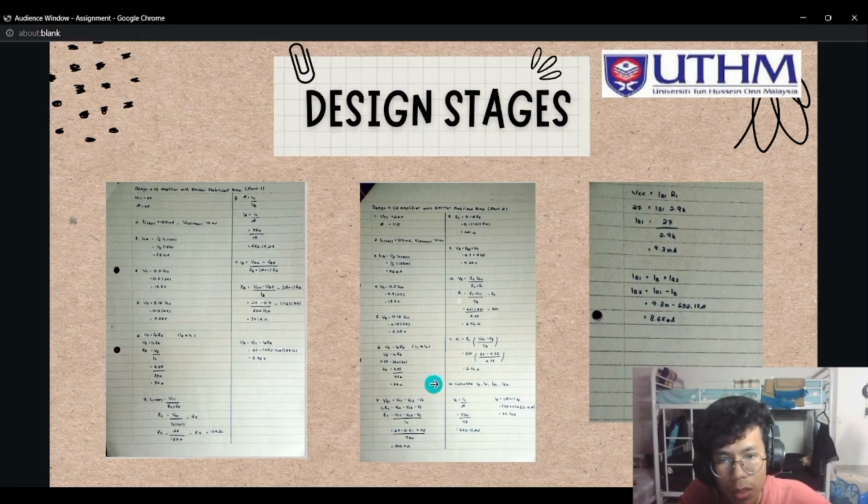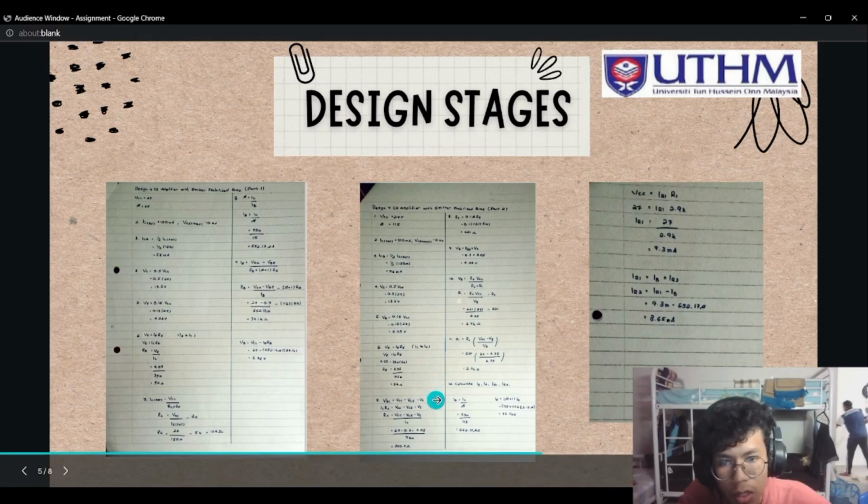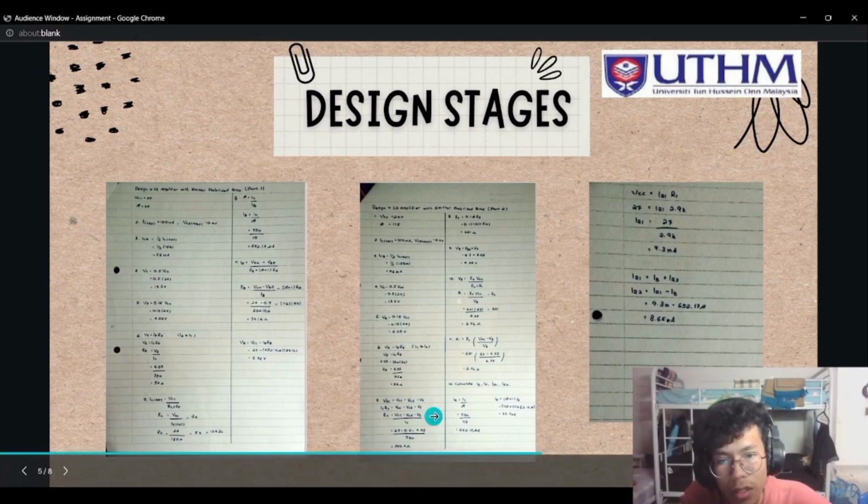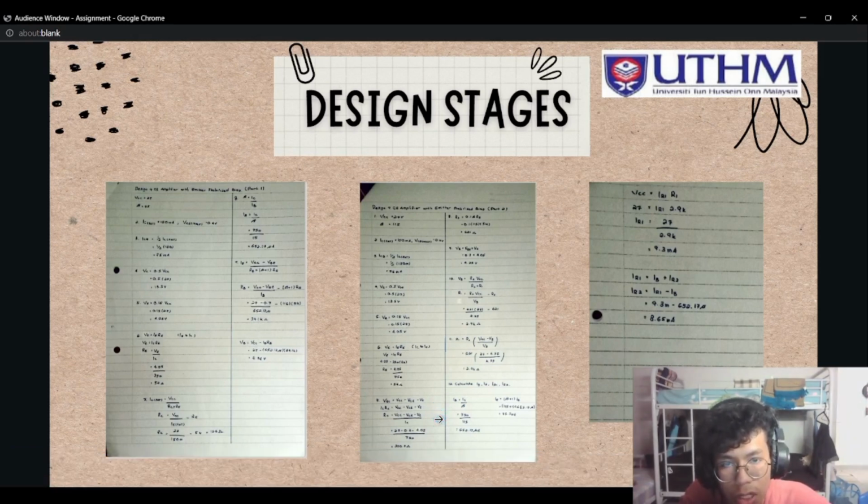As for number 7, we're going to search for RC, but the equation for RC for part 2 is VCC minus VCE minus VE divided by IC. So in part 2, our RC is 300.7 ohm.